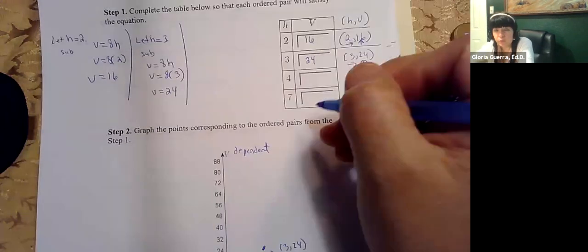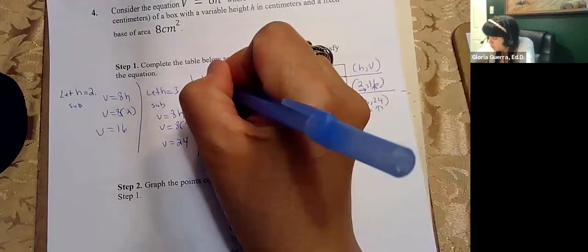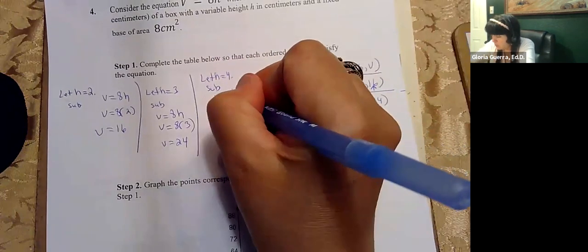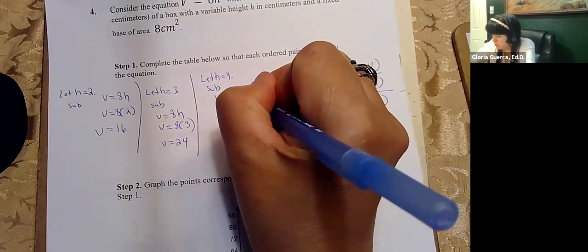Through any 2 points, you can always draw a line, and that's why they would like you to do 3 or 4 points. So let's let h equal 4 now, and you're going to substitute it. So you have b is equal to 8 times h, and h is 4.